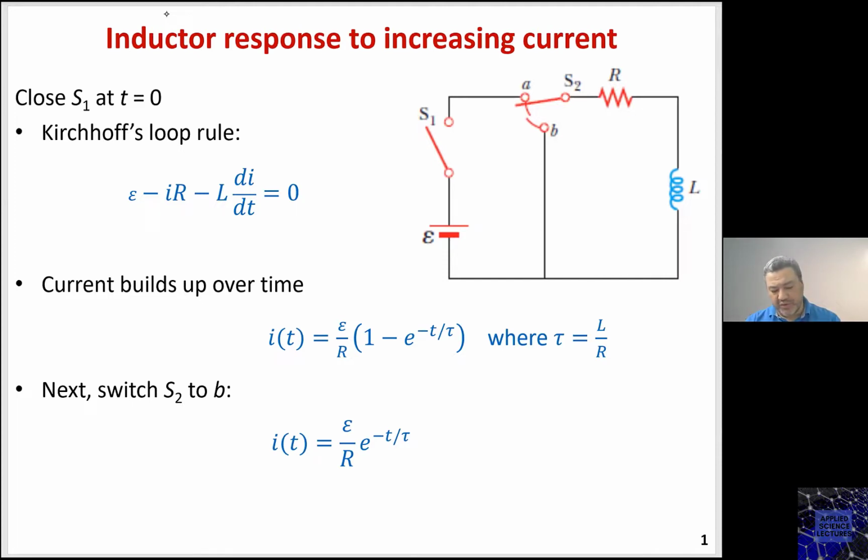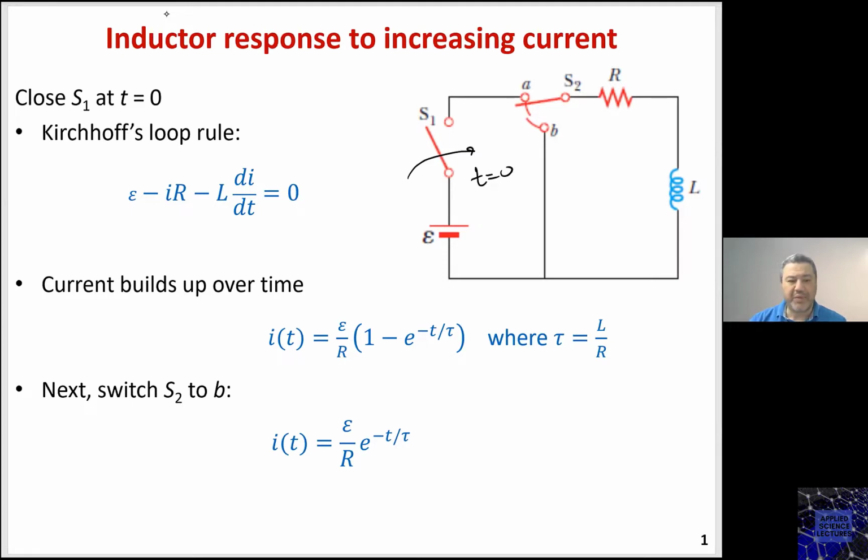So let's start with this circuit here where we have two switches, switch S1 and S2. When the switch S1 was open and S2 was at position A, we closed S1 at t equal 0.